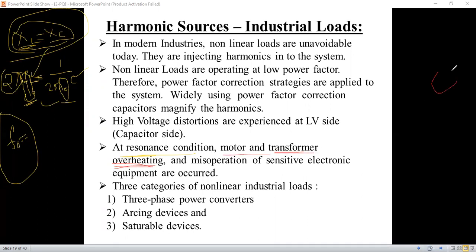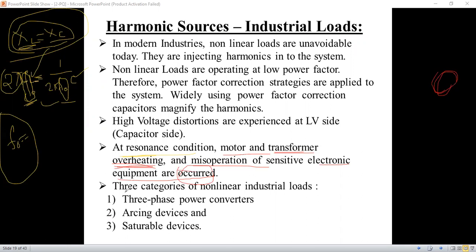In the motor, again, we use core material and winding, both of which produce overheating, and misoperation of sensitive electronic equipment. Electronic equipment means resistors, capacitors, filters, which are the basic circuit elements, and those active equipments get misoperation.